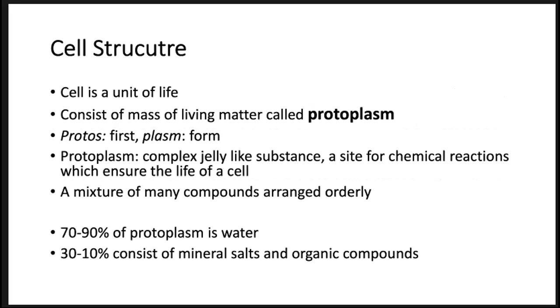It is a mixture of many compounds arranged in an orderly way. Protoplasm has 70 to 90% water, and the remainder consists of mineral salts and organic compounds. So protoplasm is basically the living essence of a cell.